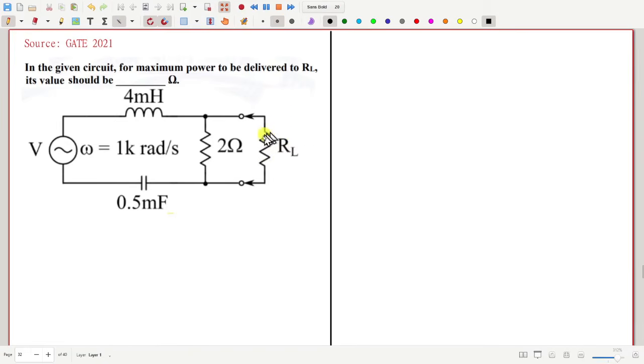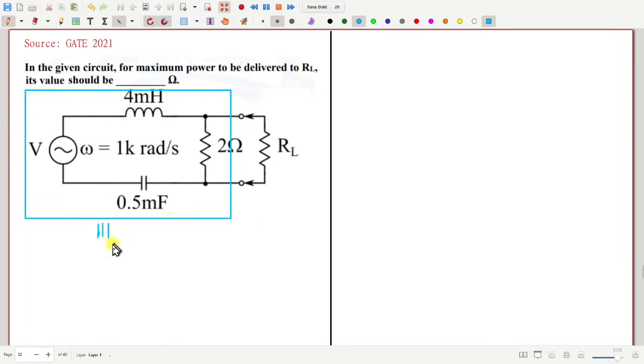We have to find the value of this load resistance for which maximum load power will be obtained. How do we solve this? Consider this part of the circuit together. What to do first?